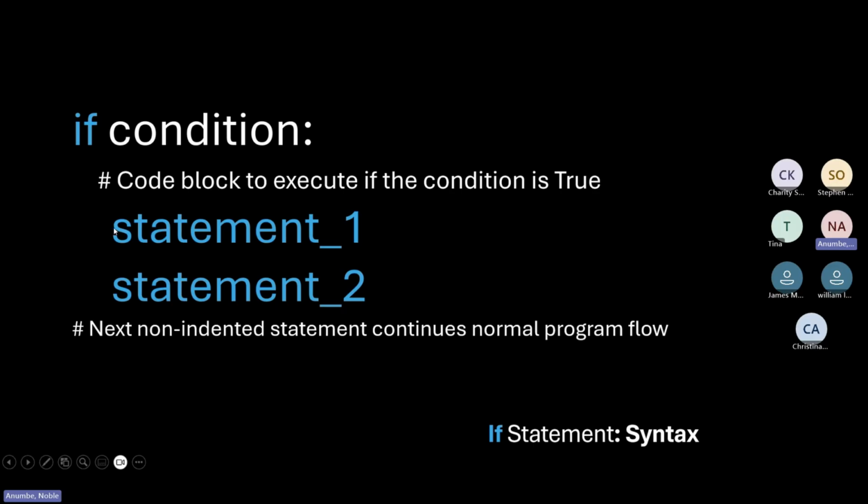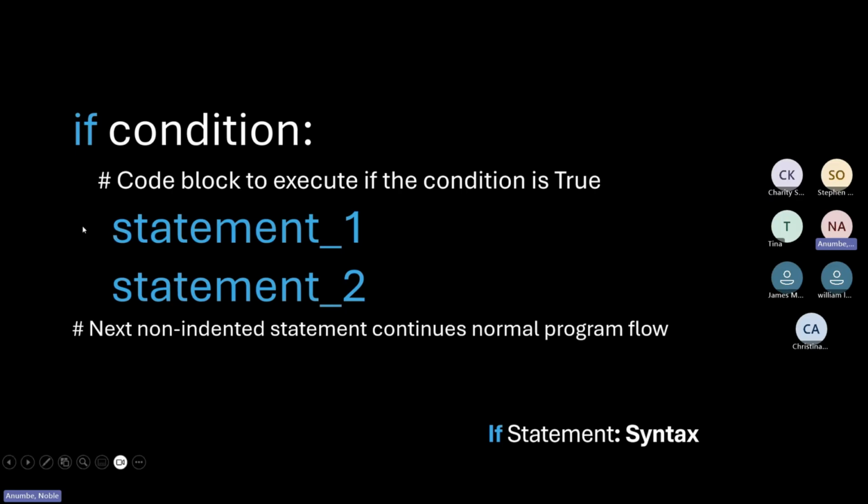Indentation is really important in Python. Normally, it's going to be four space bars, or you use your tab. Usually, it's your tab. You can see it on the left-hand side of most keyboards.